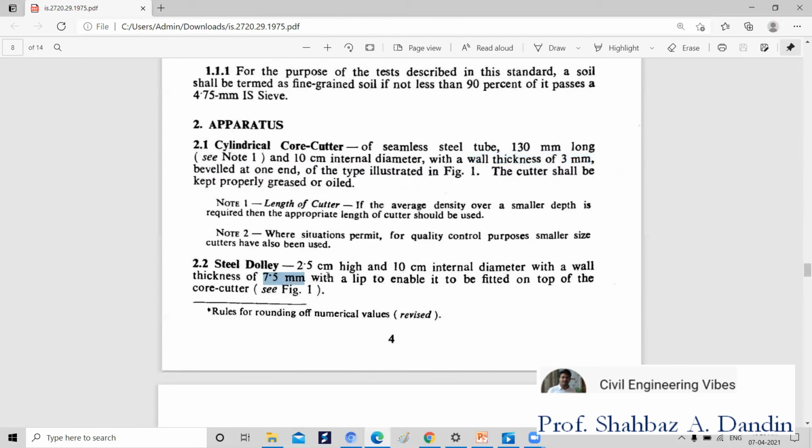The internal diameter is the same, but we are changing the thickness of the walls because on the core cutter we are placing the dolly. The impact given by the rammer has to be borne by the dolly itself. It is a protective layer, to avoid the wear and tear of the core cutter, and the thickness is 7.5.